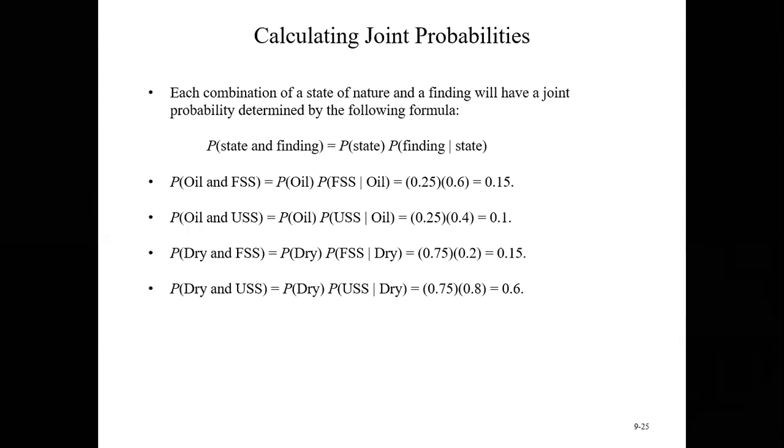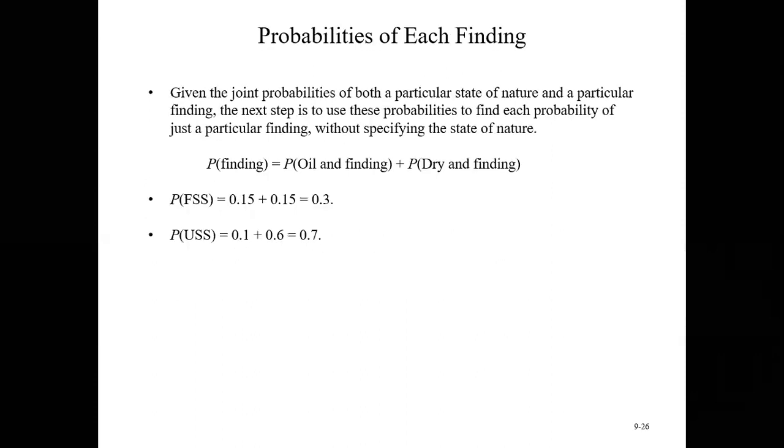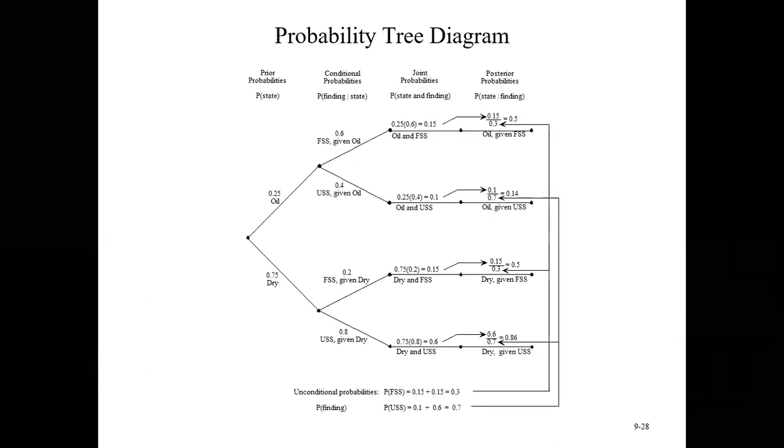All those end up giving us new probabilities that we have to incorporate into our decision tree. So we end up with a decision tree that's slightly more staggered, and let me move this out of the way.